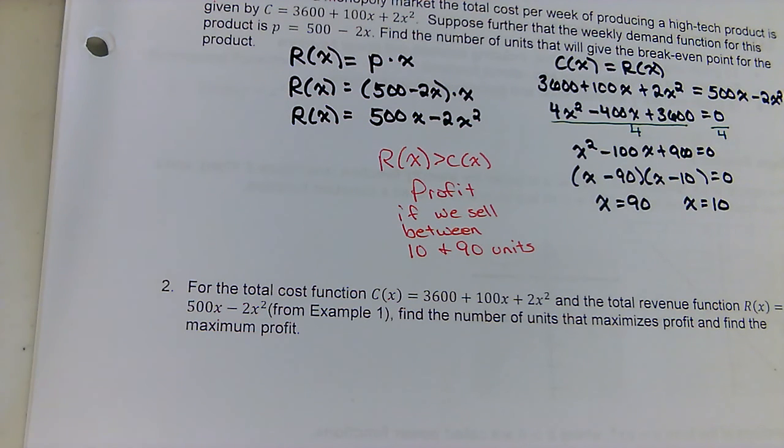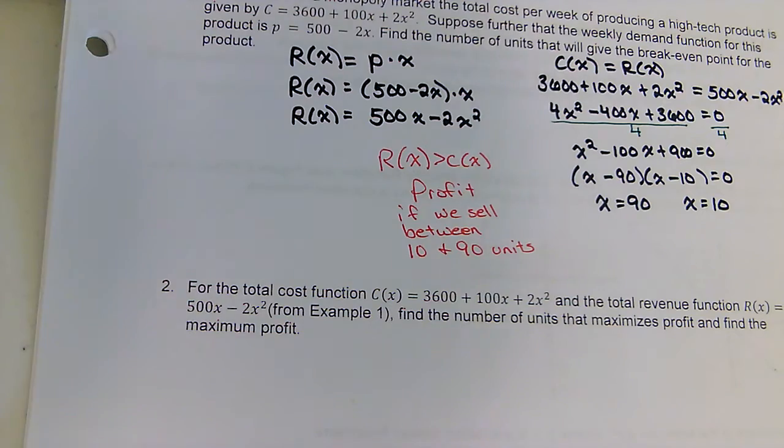And what if we wanted to find the number of units that would make us the most profit, the maximum profit? Find the number of units for the maximum profit.